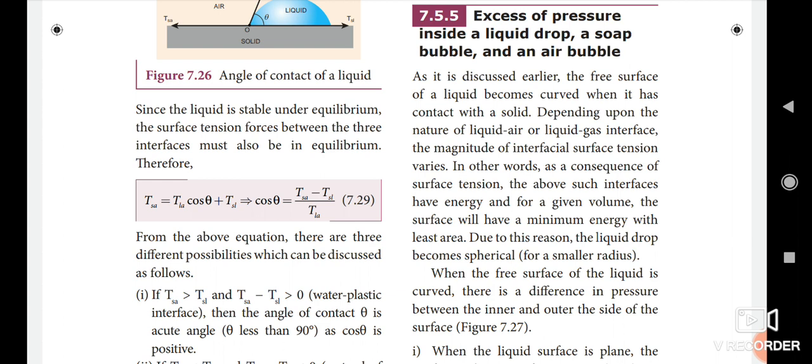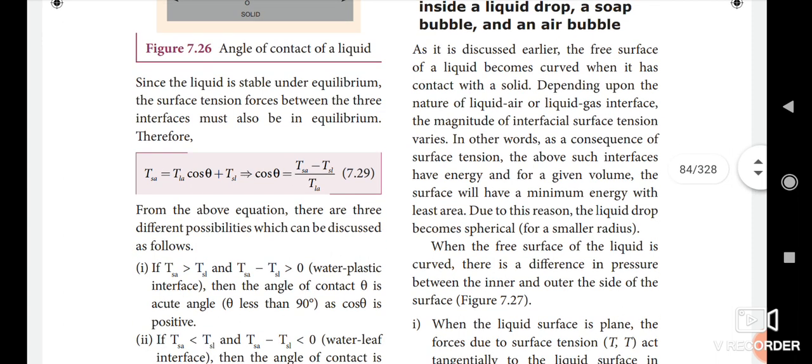Okay, why will the liquid drop be spherical in shape? Because depending upon the nature of the liquid-air or liquid-gas interface, the magnitude of interfacial surface tension varies. In other words, as a consequence of surface tension, what are the interfaces?